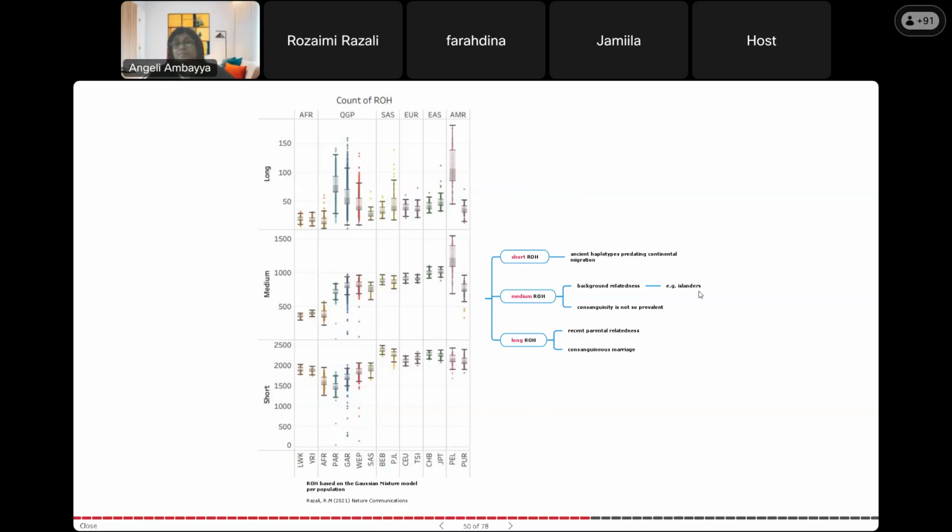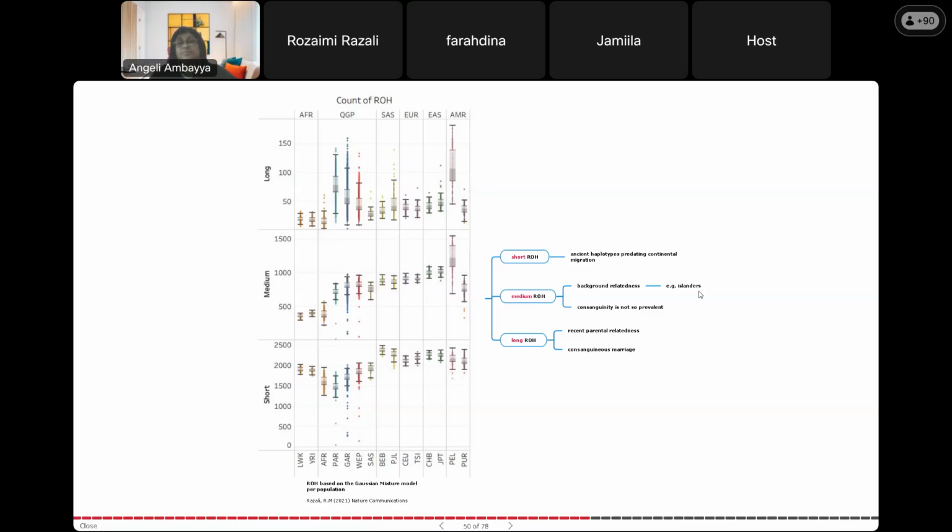So what does short ROH mean? Short ROH means an ancient relationship to the ancient people who went out of Africa. The more short ROH an ancestry has, the more ancient they are, because they contain the same haplotype that they inherited from the first people who migrated out of Africa.